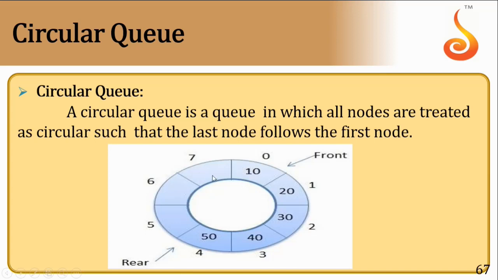So here n minus 1 and 0, if it's just one behind the other, it means that the queue is full, there are no places in the queue. Otherwise, as long as you keep on deleting, elements can be inserted wherein rear repeats itself. Getting it? This is a circular queue.